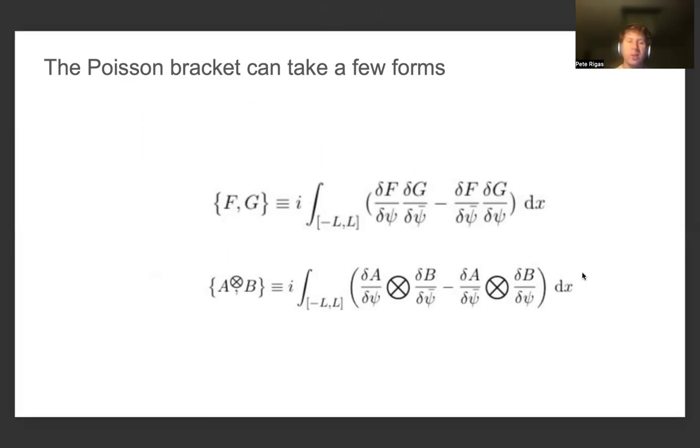If we have two functions, big F and big G, the Poisson bracket is just i times this integral of the difference of two mixed-order partial derivatives with respect to either the wave function or the complex conjugate of the wave function, of F and G. On the other hand, from the second expression, we can see that the tensor product of the Poisson bracket between two quantities A and B, which are just two other test objects that we're passing as parameters to the Poisson bracket, can be written as i times also an integral from minus L to L against the standard Lebesgue measure over the line, where now, in the difference that we have in the previous line, we instead insert tensor products between each one of the terms appearing in each of the two terms in the difference.